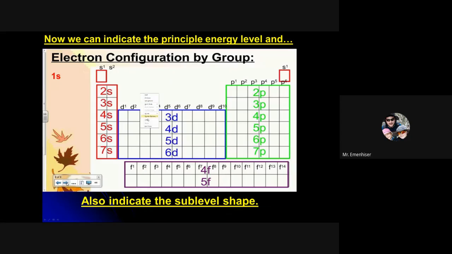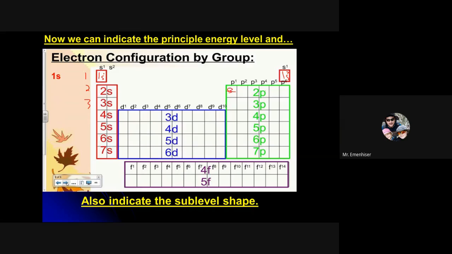Here it's labeled again, so let me add some stuff here. So this is the 1s. That's 1s1, that's 1s2, 2s. All right, so this is the first level, second level, third level, kind of like floors on a building. It goes all the way down to 7. The first P is the 2p, and it's over here.